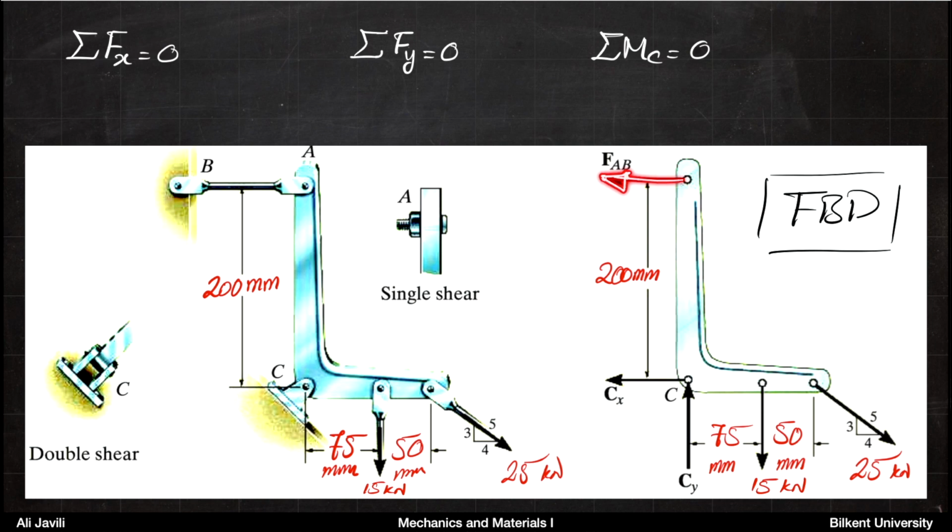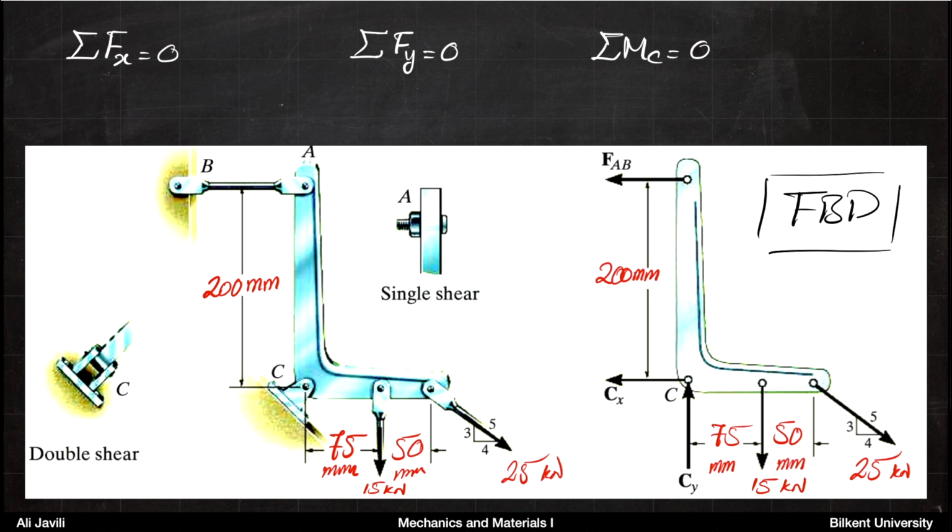You know the direction because the member AB is a two-force member, so you know the direction but you don't know the magnitude of FAB. For the support at C, you have Cx and Cy. So you have three unknowns, and using our three common equations of equilibrium in 2D, we are going to calculate these three unknowns.